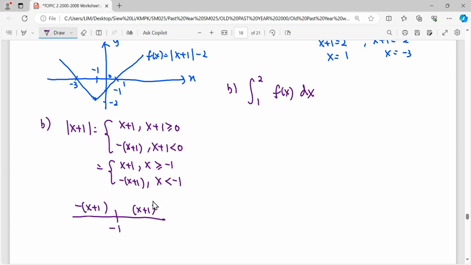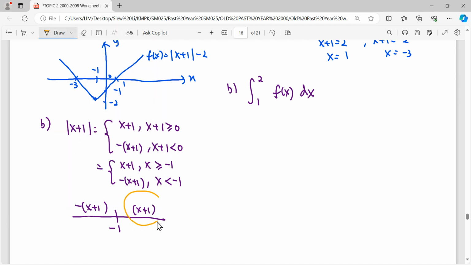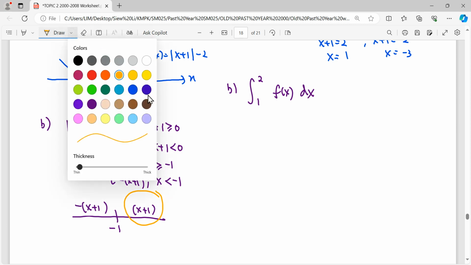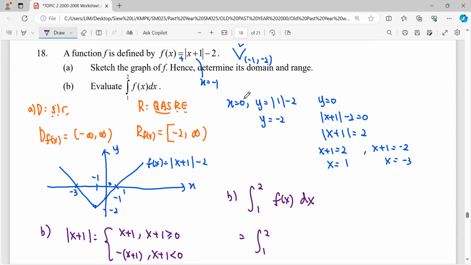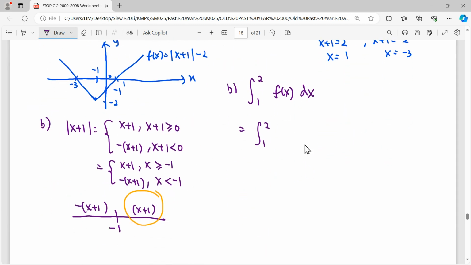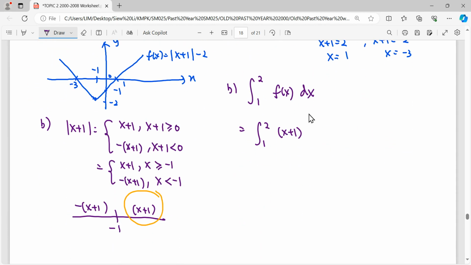So our integral starts from 1 up to 2, so the interval involved here will be this interval. So integrate from 1 until 2, the function modulus is using the positive function x plus 1, and then minus 2. Simplify this function: x minus 1.